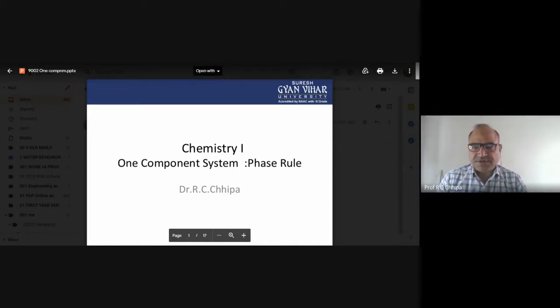Phase rule deals with the different phases of materials, substances, matter, compounds and chemicals. For example, calcium carbonate is the limestone, and calcium oxide is the lime.